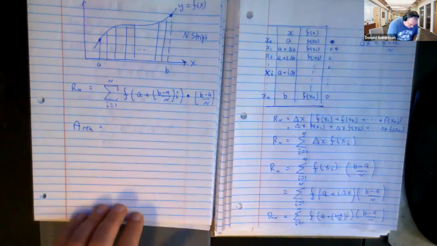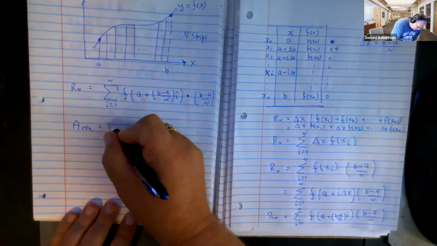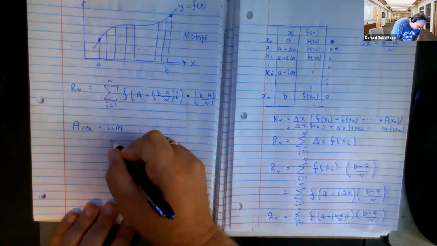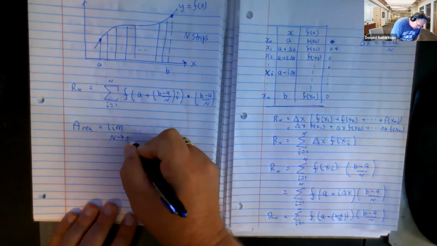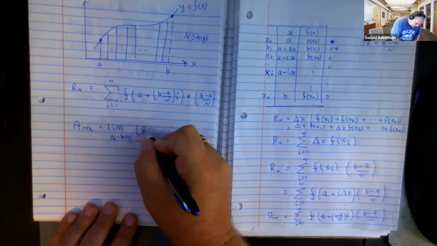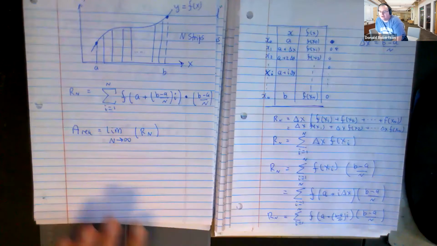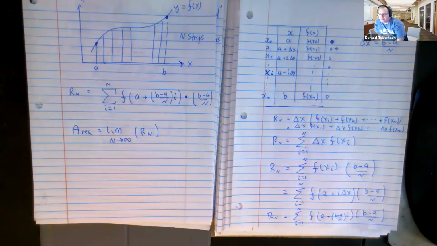Would it make sense that if I find the limit as n tends to infinity of Rn, it would eventually become the same thing as the area under the curve?